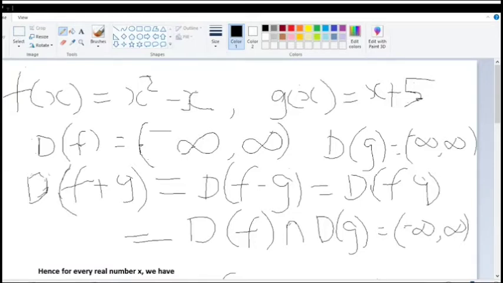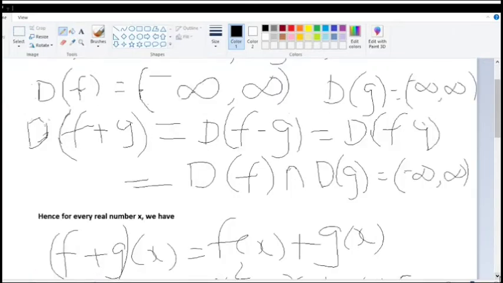That is, domain of f equals minus infinity to infinity, and domain of g is also equal to minus infinity to infinity. Now domain of f plus g equals domain of f minus g equals domain of fg equals domain of f intersection domain of g, which is equal to minus infinity to infinity.